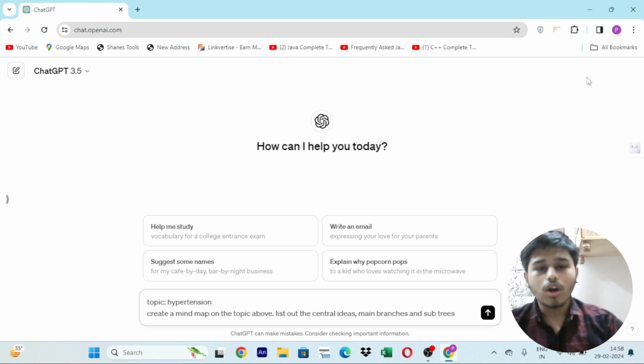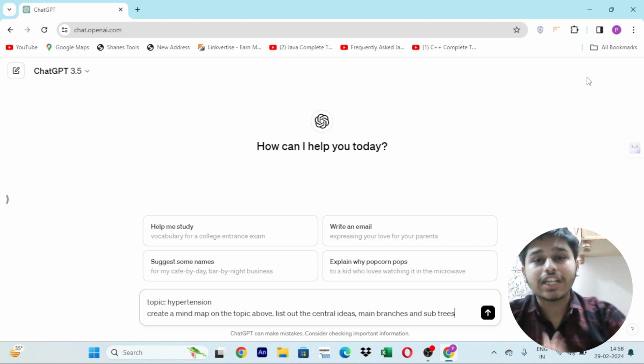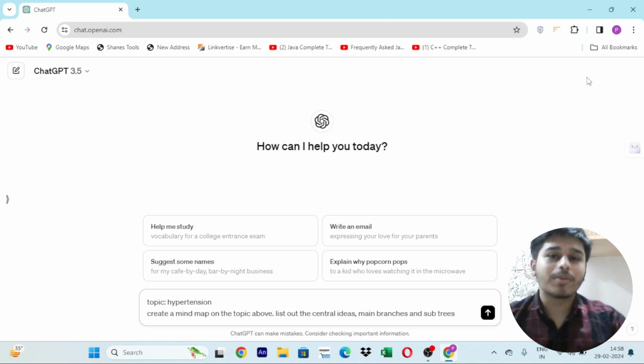So now we have given the prompt to ChatGPT, and now when I click enter, ChatGPT will generate us a mind map for the topic hypertension.